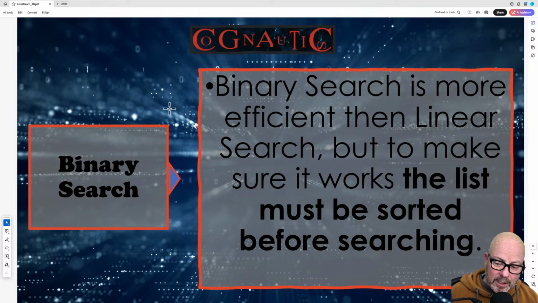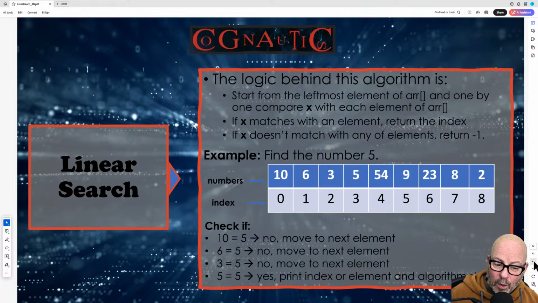Now, in addition to being able to perform these searches and sorts on the data they give you, you also need to understand what the benefits and drawbacks of the different searches and sorts are, okay? So the binary search, the one we're going to look at now, is much more efficient than the linear search that we looked at a minute ago. But can you think about why this particular searching method is inefficient?